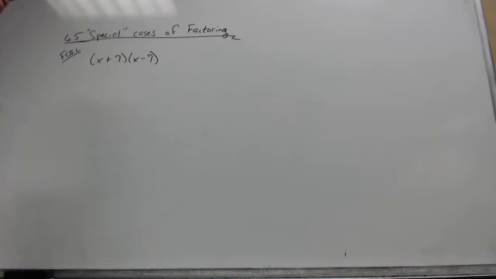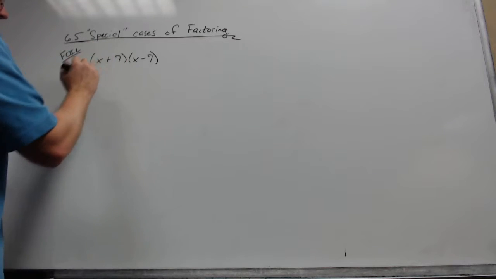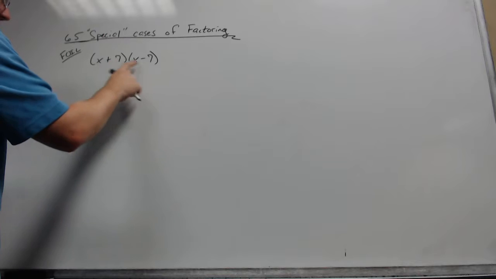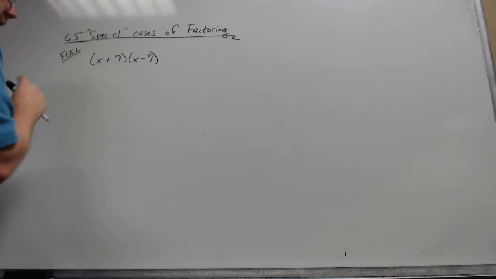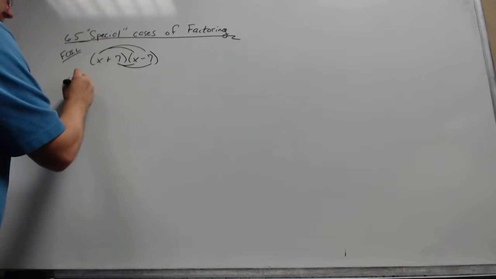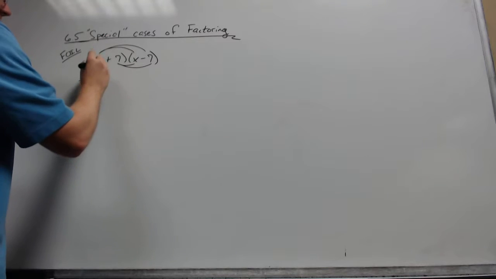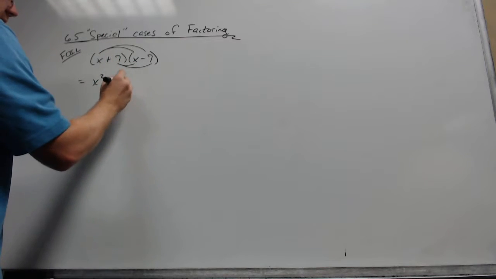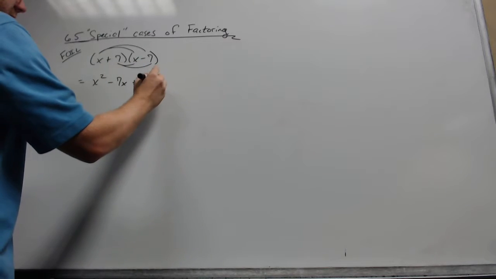I did bring it up in chapter 5, right, that this is a special case of factoring when both of the binomials are identical. They have identical terms, just one's positive and one's negative. Right, if we were to multiply this out, FOIL, we'd end up with x squared, x times negative 7x, 7 times x positive 7x, 7 times negative 7, negative 49.